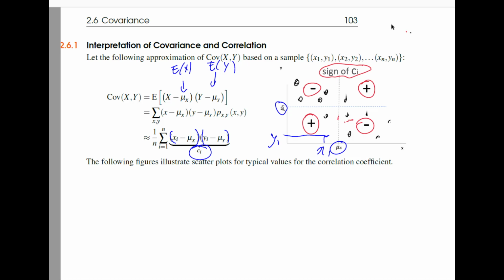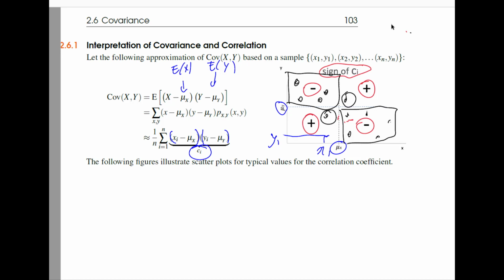Now, just by looking at the picture, we could get an idea of the sign of this sum, because we're adding up all the CIs. Since most of the points are in the quadrants where CI is negative, we have like 10 points versus only 2 points where they're positive.